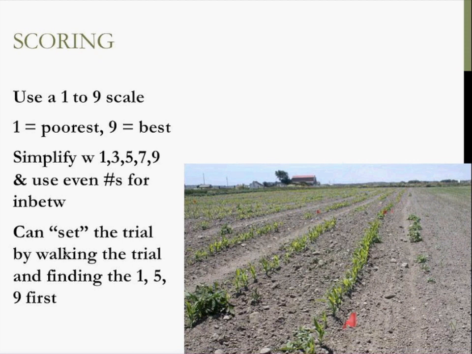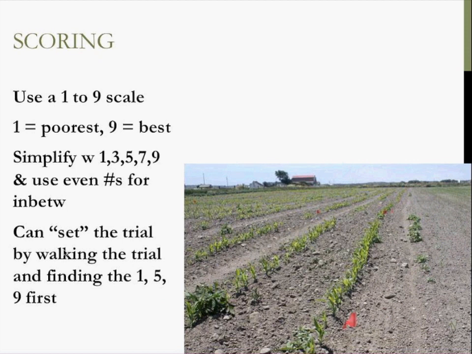It may be that a lot of the trial looks really good or a lot of the trial looks really bad, but you want to actually use the whole scale because the purpose of the trial is to try to differentiate varieties. So if you score everything 4 or 5, you really don't get that much information out of it because everything looks the same at the end.